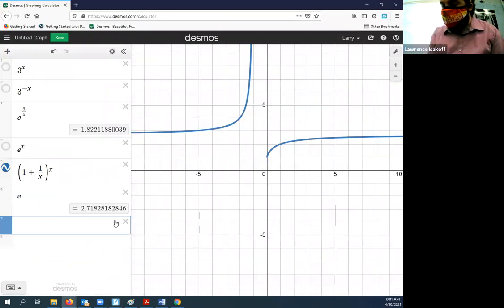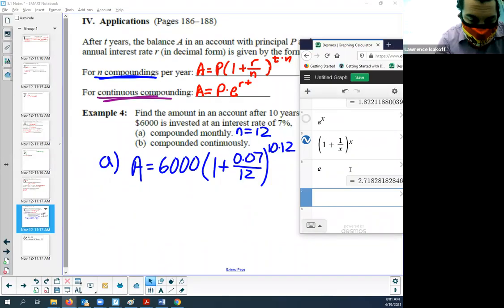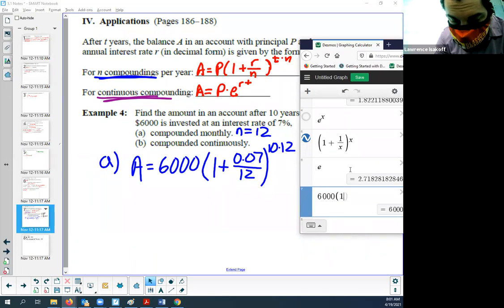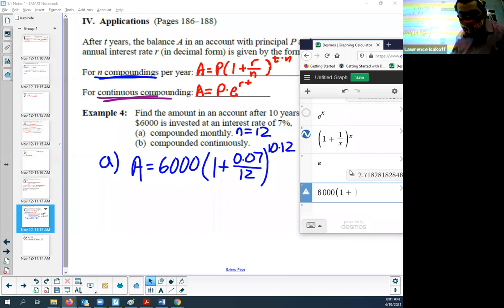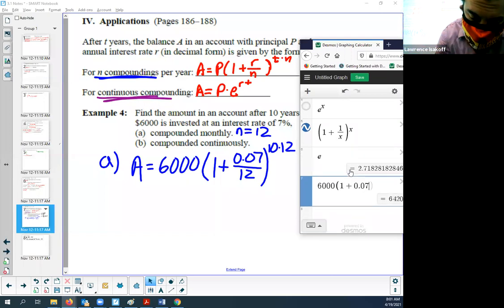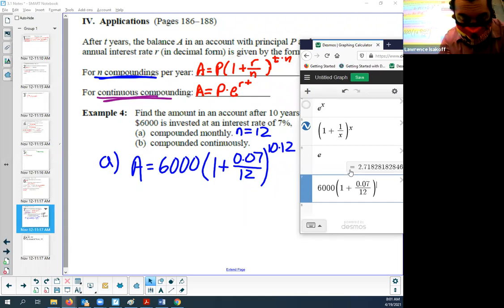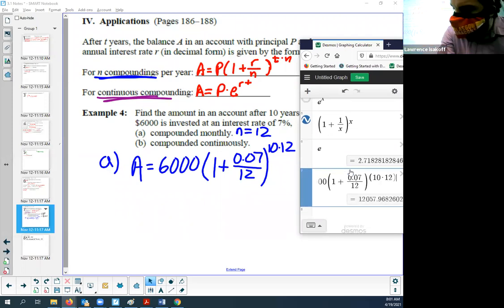So I'm just going to type it in just how I wrote it out. So that's 60,000 times 1 plus 0.07 divided by 12, close parentheses, and that is to the, I'll put those in parentheses as well, 10 times 12, just to make sure that's still in there.